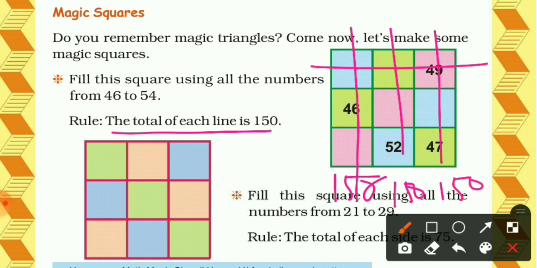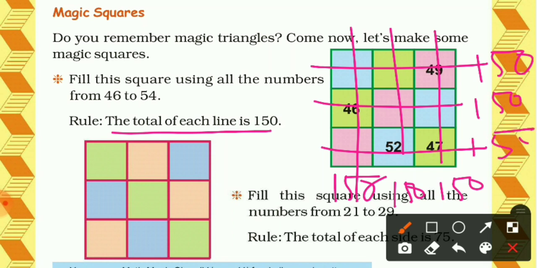Also, if you add all the numbers horizontally, the sum should be 150. Just keep this in mind, that on every side it should make 150 when you add the numbers. This is the rule, and now let's start to solve it.